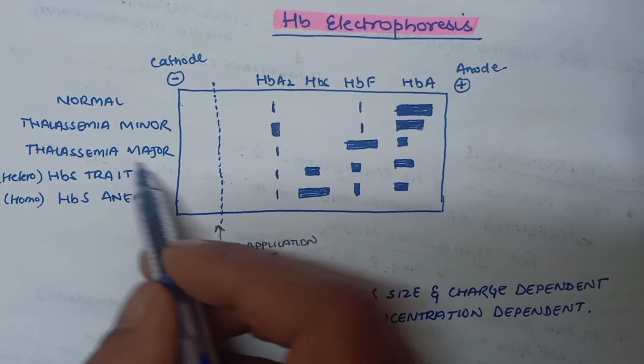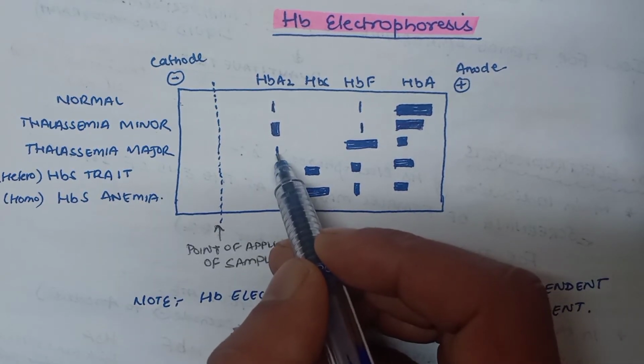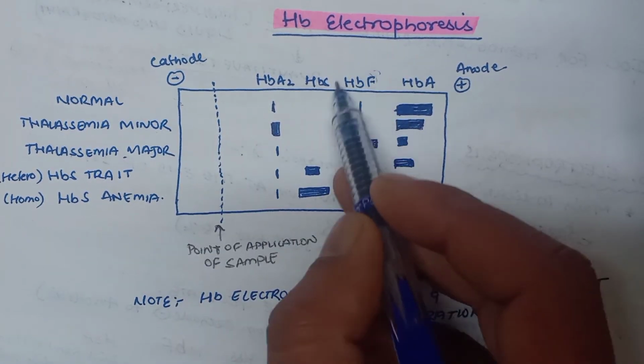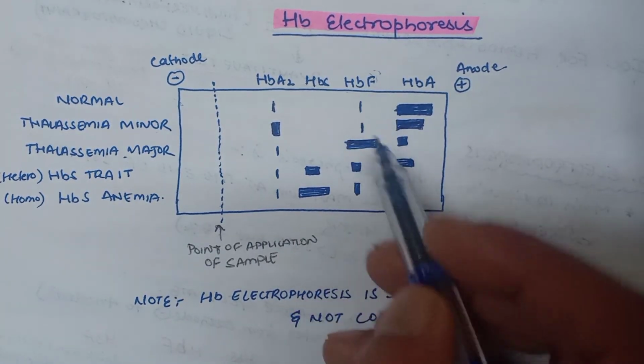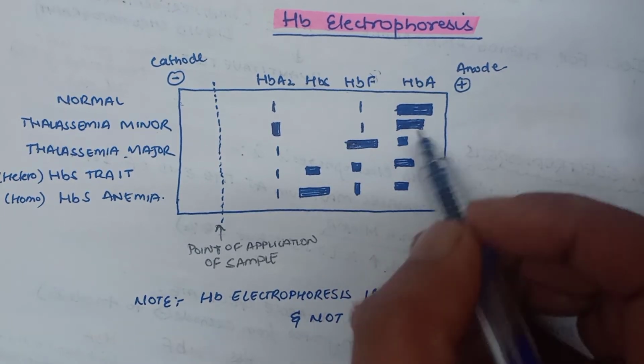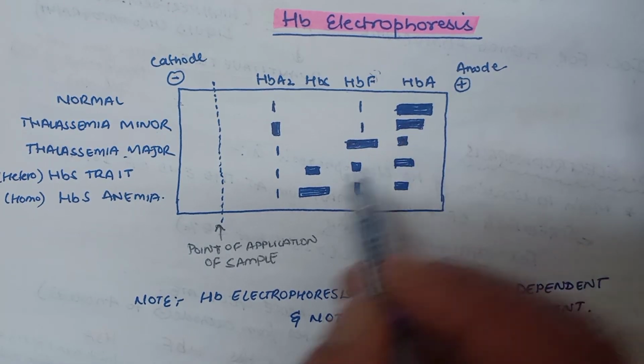Now coming to thalassemia major. In thalassemia major, HbA2 is normal. There is predominance of HbF, so it will form a thick band, whereas HbA is markedly reduced.